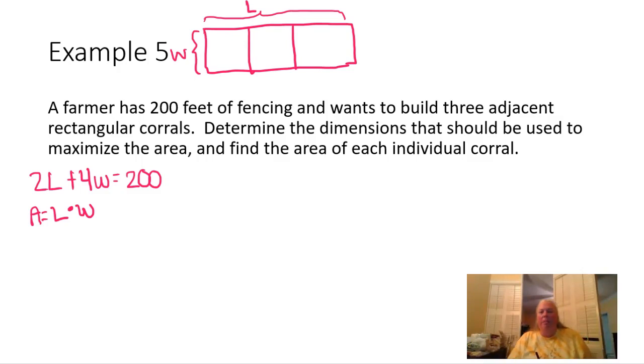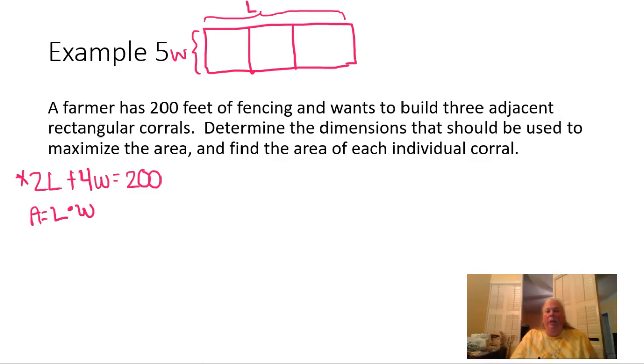And maximizing the area means we're going to need to find the vertex of a quadratic function, which I don't currently have, but I'll have one in just a second. Because what I'm going to do is solve this equation up here for L. And then whatever I get, I'm going to substitute down here into this L. And that's going to give me a quadratic equation down here where I can find the vertex.